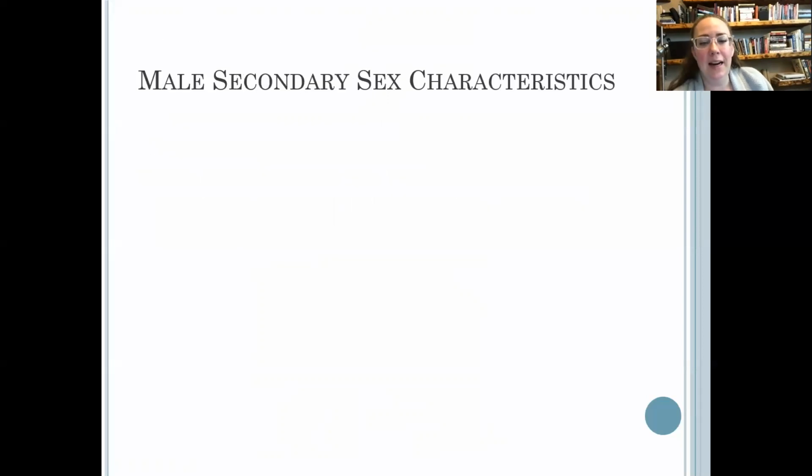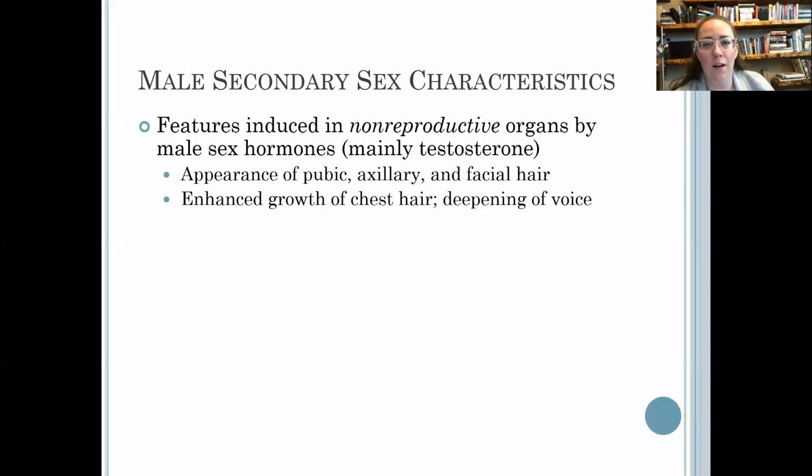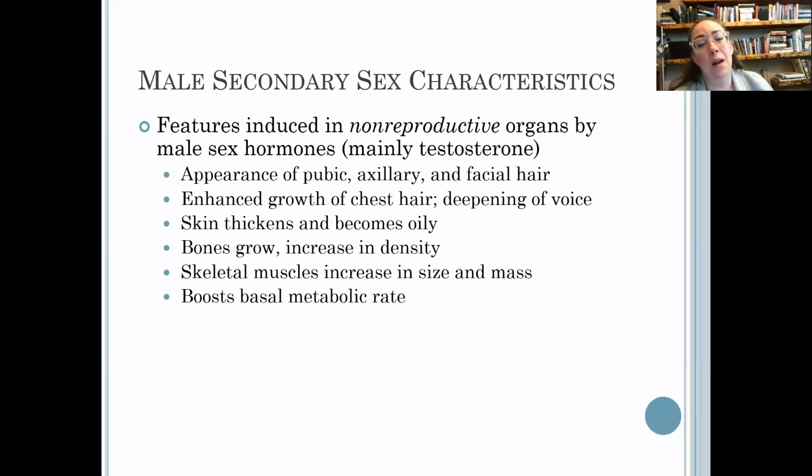So some of the secondary sex characteristics, features that are in our non-reproductive organs, are appearance of pubic, axillary hair, and facial hair. Enhancement of growth of the chest hair, deepening of the voice, the skin thickens and becomes more oily, bones grow and become more dense, muscles also grow and increase in size and mass, metabolic rate gets higher.